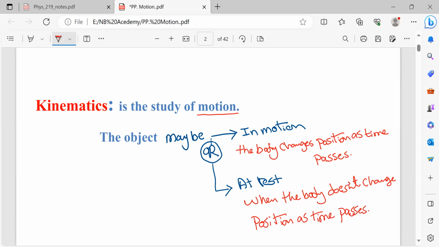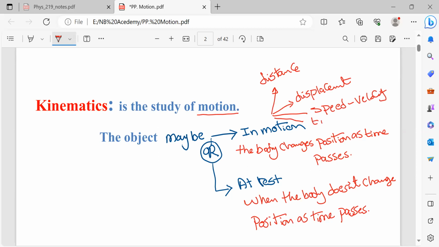The terms we use to describe the motion of the object, like distance, displacement, speed, velocity, time, and acceleration.